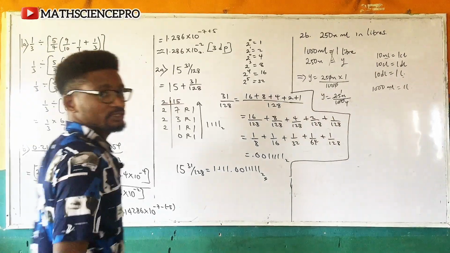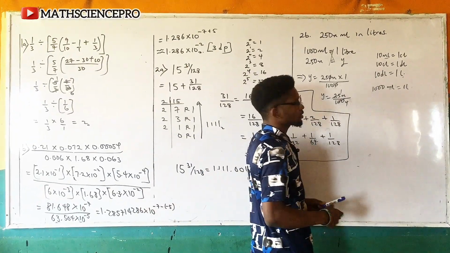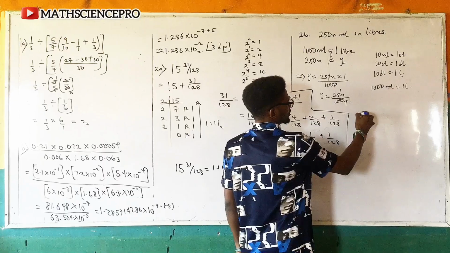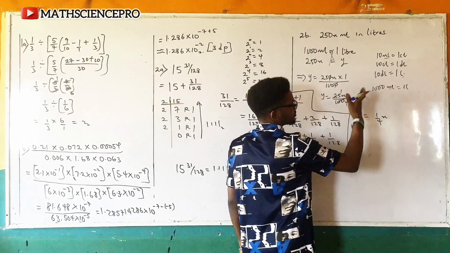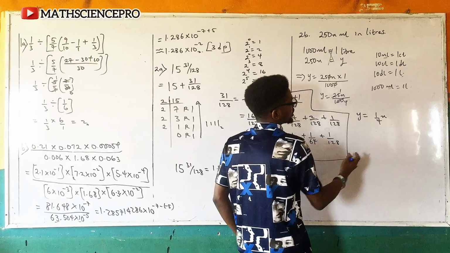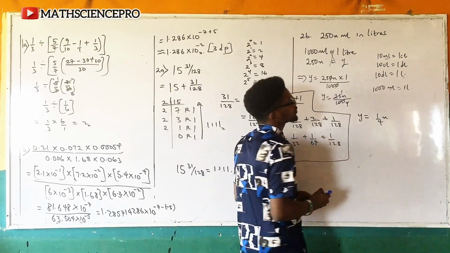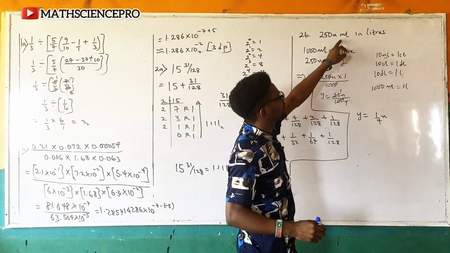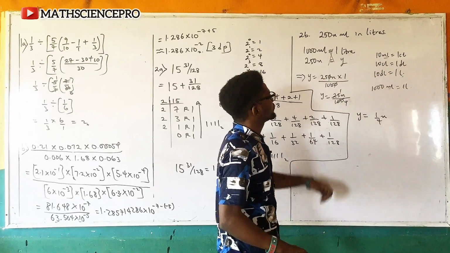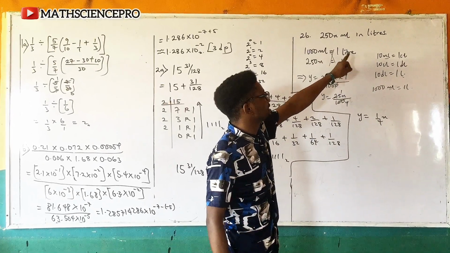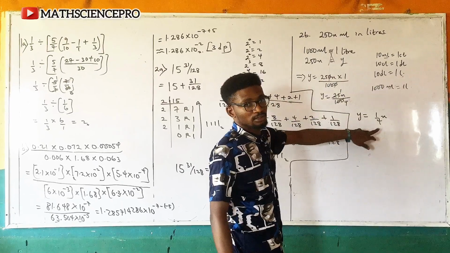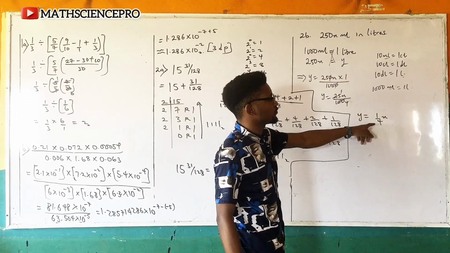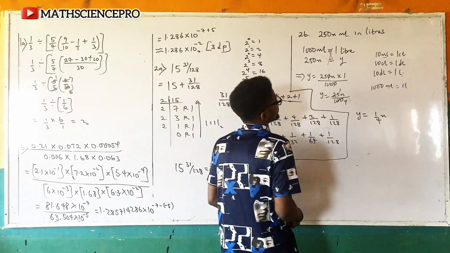Alright, so let's quickly finish this. Sorry for the break. So I'm having my y at the end of the day equal to 1 over 4x, and this is going to be in liters. Remember, we're trying to convert from milliliters to liters. So if 1000 milliliter gives me 1 liter, it means 250x milliliter is equivalent to 1 over 4x liters.